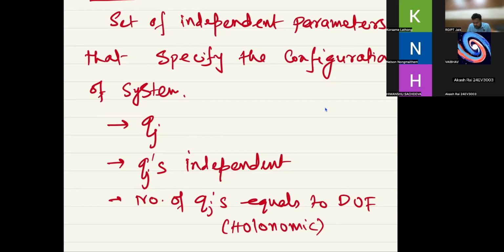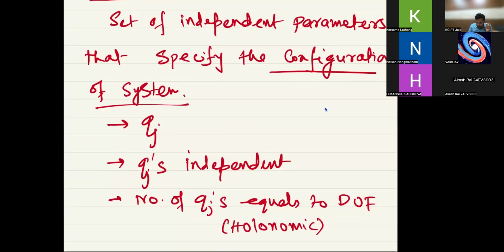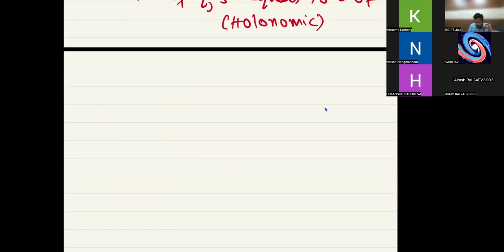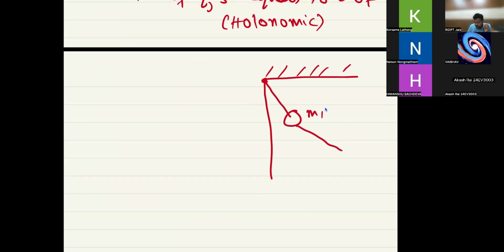But let's see what we mean by the configuration of the system. What does this term mean? Let's look a little more closely at the example of the double pendulum. This is mass m1 and this is mass m2. This angle is θ1 and this angle is θ2.